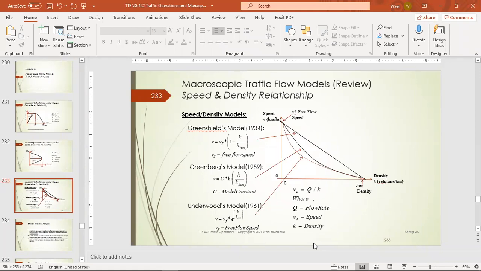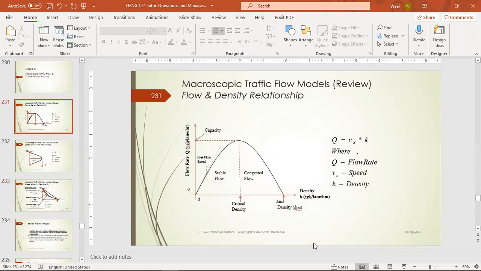Here the speed density models, and we will derive from the speed density models the equation for the flow density relationship.